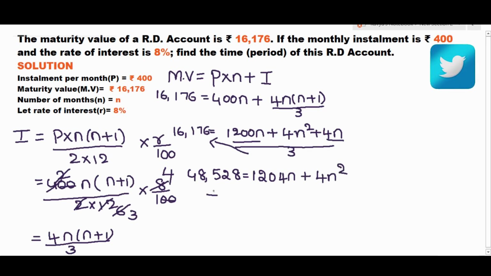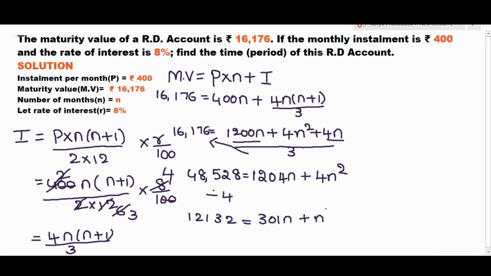So I can divide the whole equation by 4. Then the equation becomes 12,132 equal to 301n plus n square. Write this in quadratic form: n square plus 301n minus 12132 equals 0.